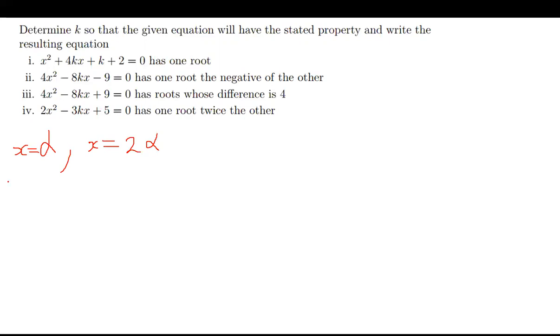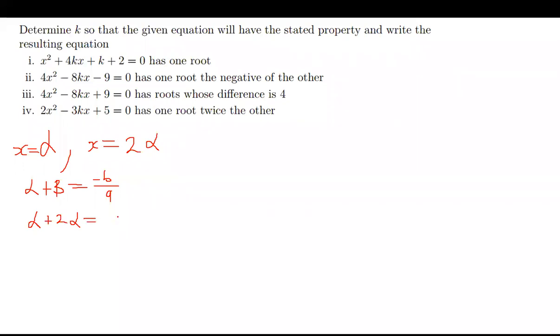So to find our alpha plus beta, alpha plus beta is negative b over a. So in our case, we have alpha plus, where there is beta, we put 2 alpha. So this is what we're going to have.